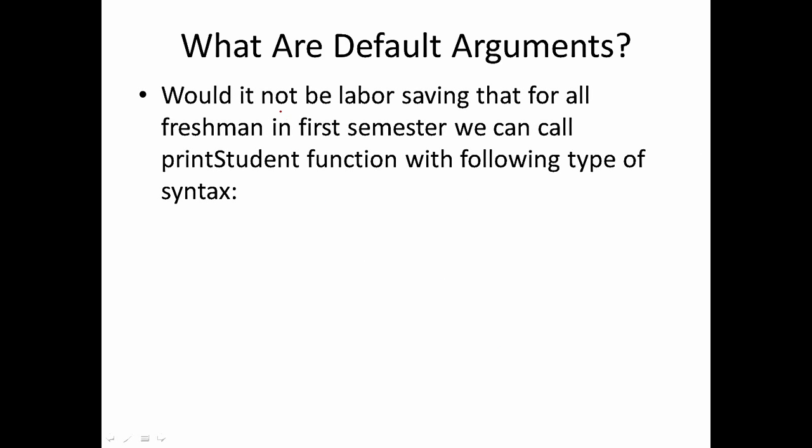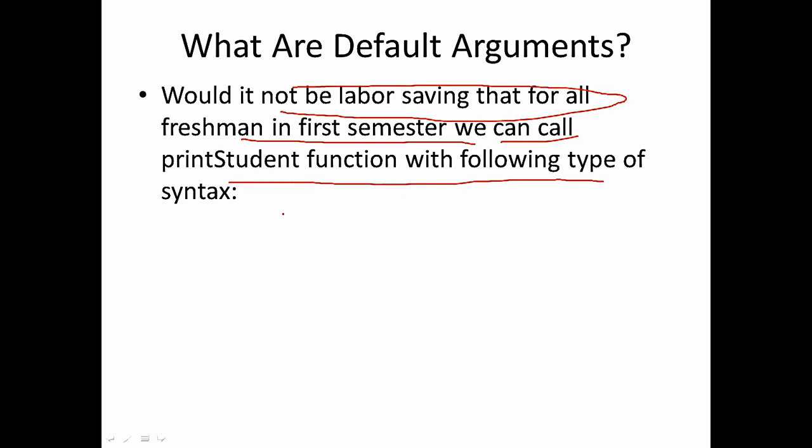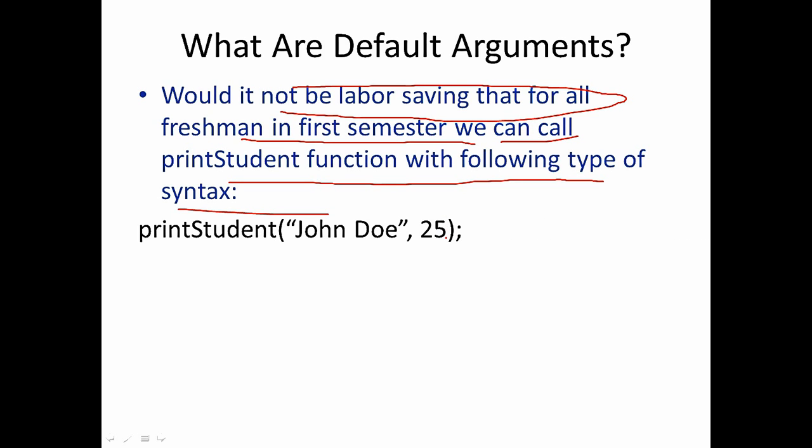So would it not be labor saving if, for all freshmen in the first semester, we can call the print student method with this type of syntax, where we just leave out the 0.0, the third argument entirely, and just provide the first two? That means the default value is assumed for the third one.